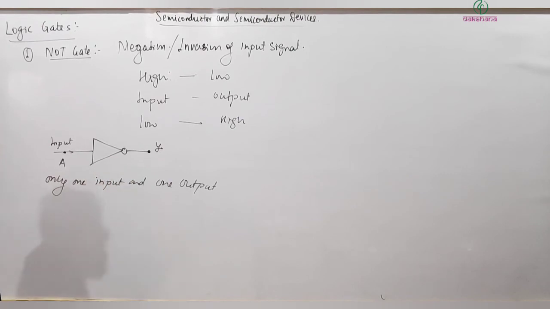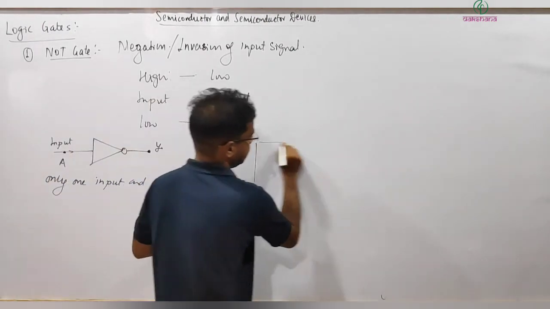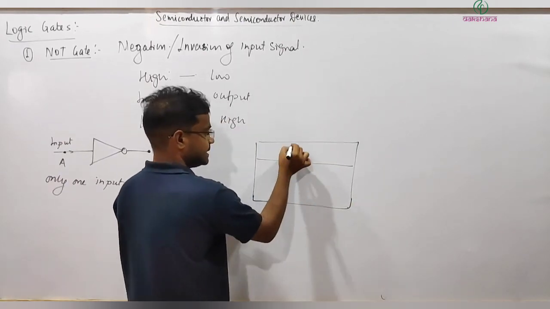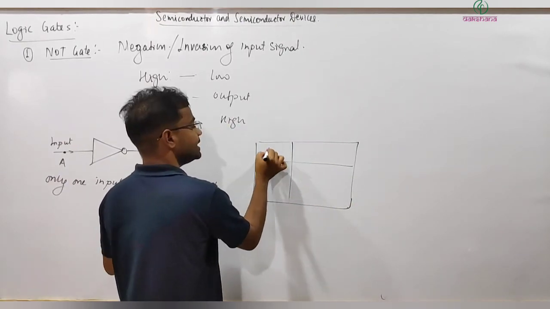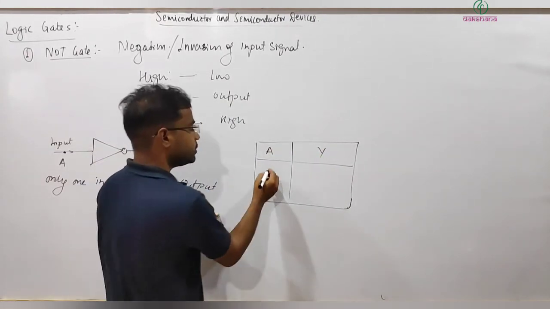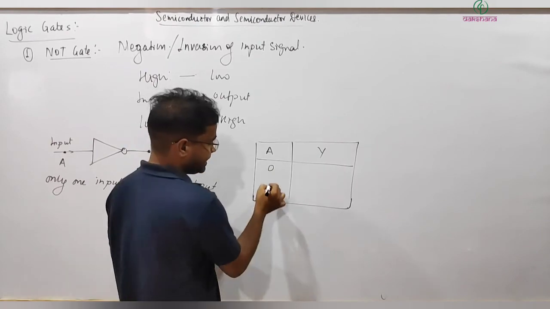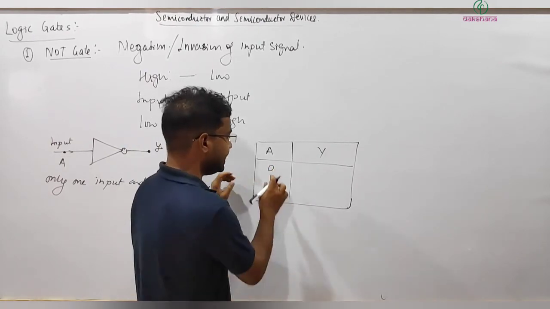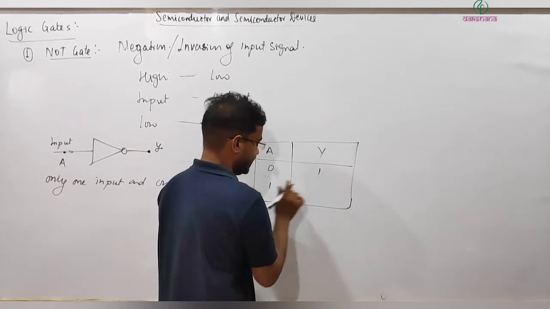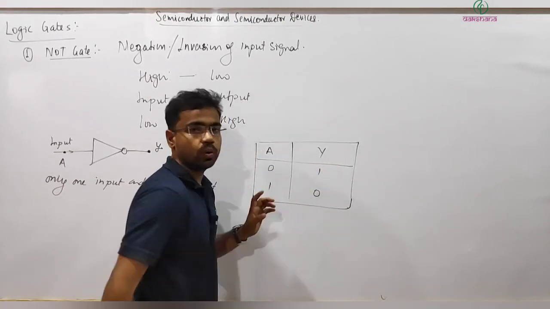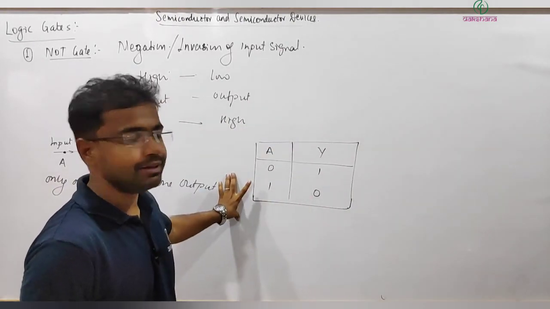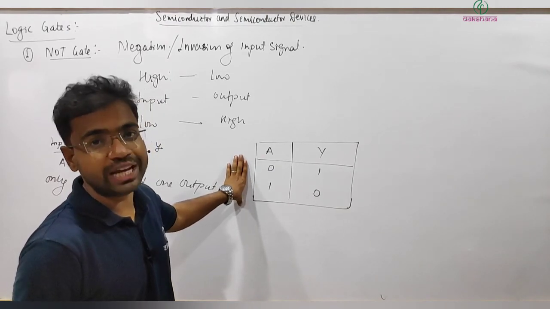What will be the truth table for this? A truth table gives all the possible combinations for logical relations. Here A is the input and Y is the output. The input can be 0, meaning low, or high. For low input it makes the output high, and for high input it makes the output low. To understand it mathematically we have Boolean algebra.